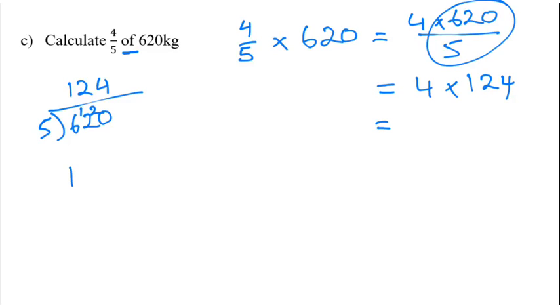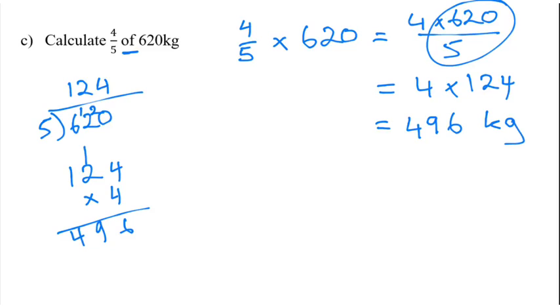So now I can do 124 times 4. 4 times 4 is 16. 4 times 2 is 8, and 1 is 9, and 4 times 1 is 4. So that's going to be 496, and that is in kilos. So 4/5 of 620 kilos is 496 kilos.